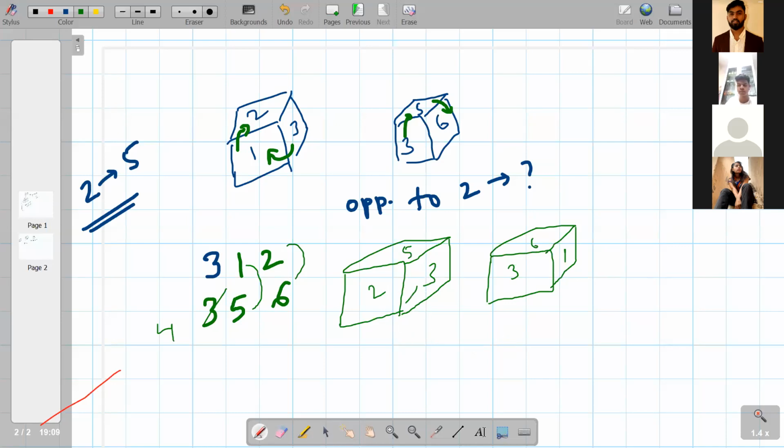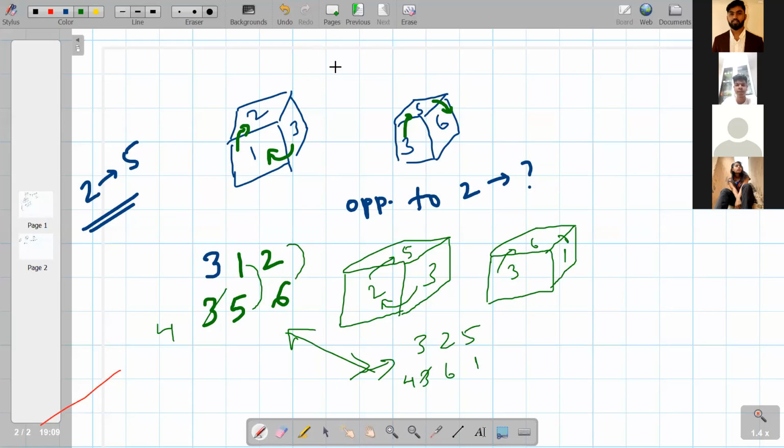We go clockwise 3, 2, 5, and then again take the common face 3 and go clockwise 3, 6, 1. The face that is not given out here is 4. Coincidentally both are actually the same, but I intended to give a different one, but the concept is clear, right?